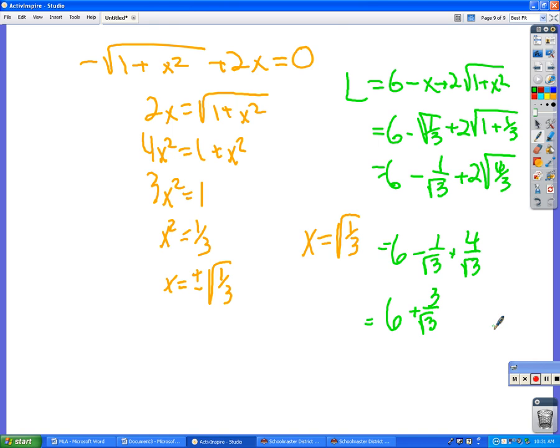And then the way that you can say that this is a minimum is if you plug in, so that's what we got when we plugged in x equals the square root of 1/3, right? What do you get if you plug in 0? Something positive. Right.